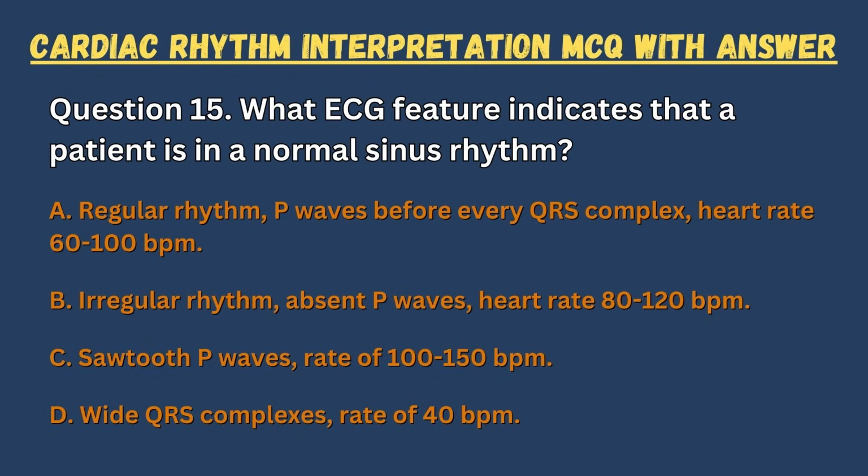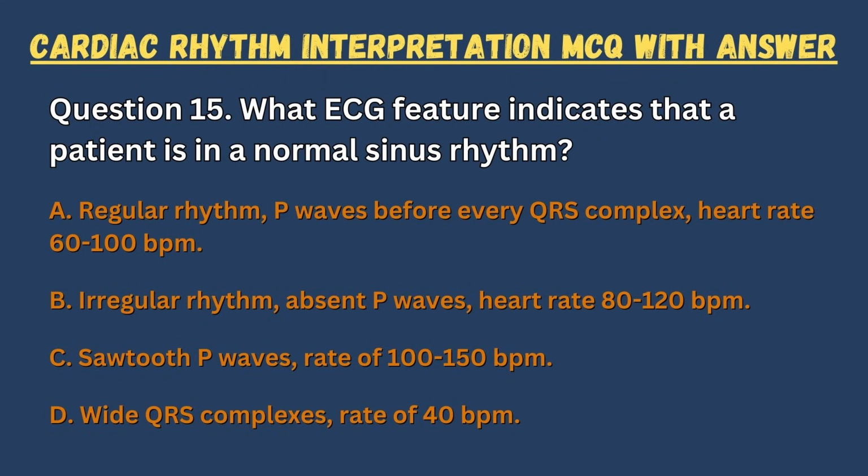Question 15. What ECG feature indicates that a patient is in a normal sinus rhythm? A. Regular rhythm, P waves before every QRS complex, heart rate 60 to 100 BPM. B. Irregular rhythm, absent P waves, heart rate 80 to 120 BPM. C. Sawtooth P waves, rate of 100 to 150 BPM.